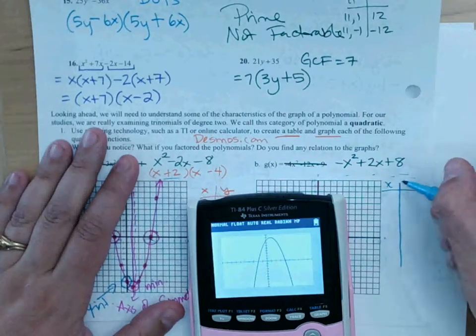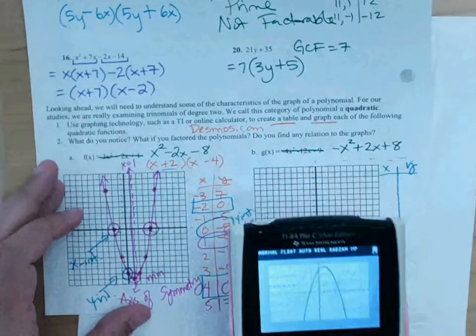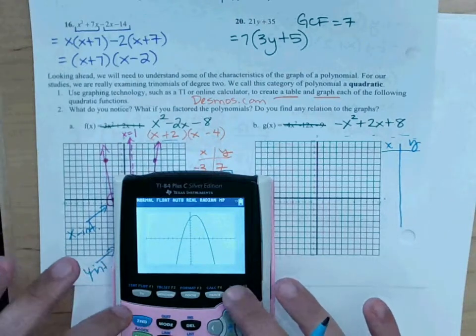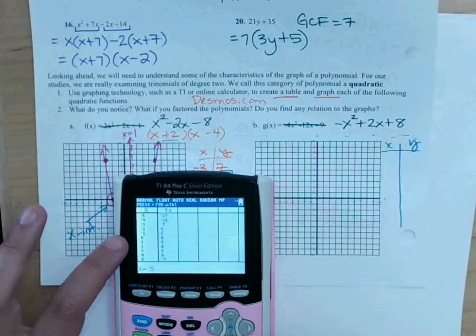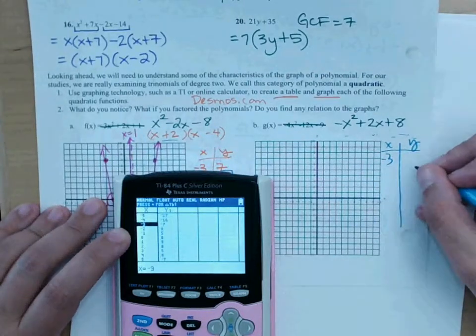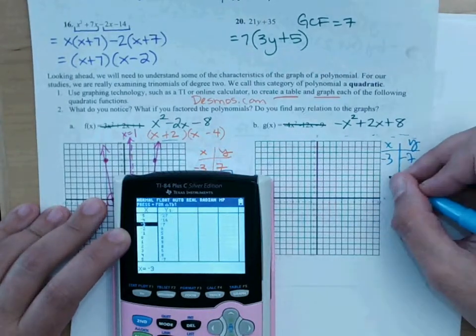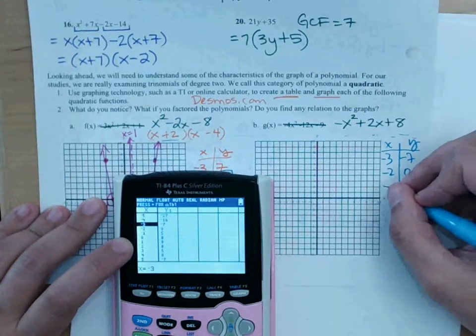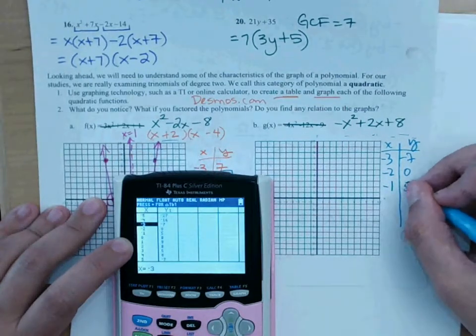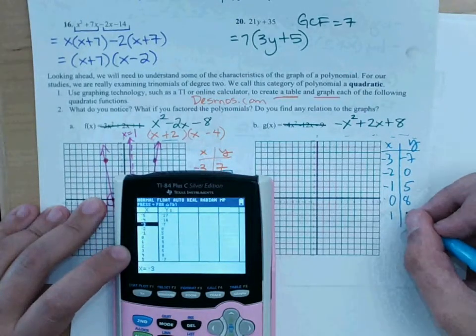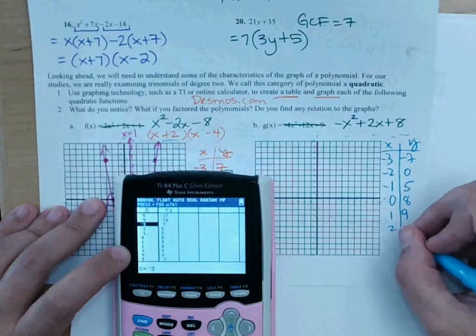So we're going to do x and y, even though this says g of x, the same thing, okay? So we go to the second table, and we're going to grab some values here. So let's start with negative 3, negative 7; negative 2, 0; negative 1, 5; 0, 8; 1, 9; 2, 8.